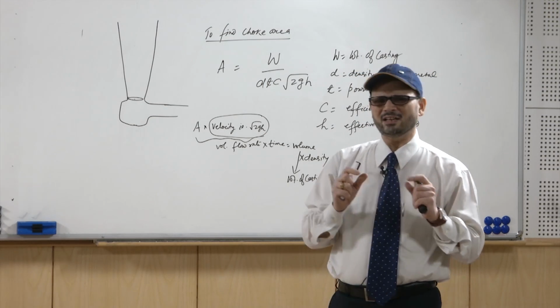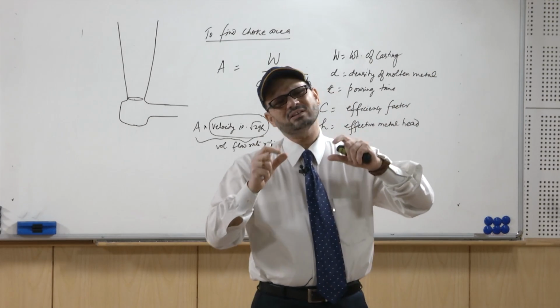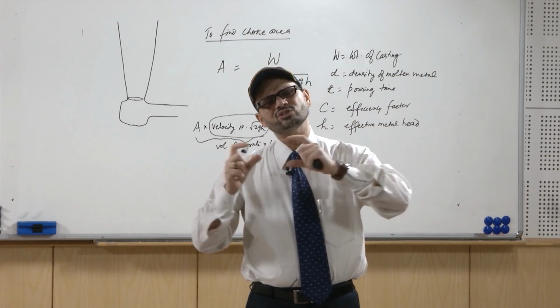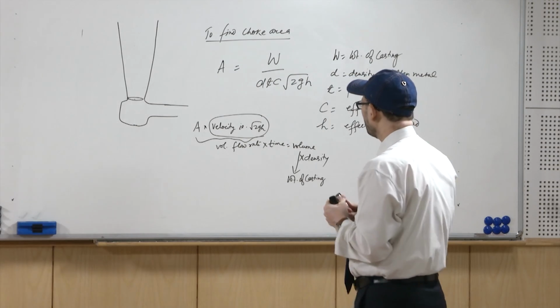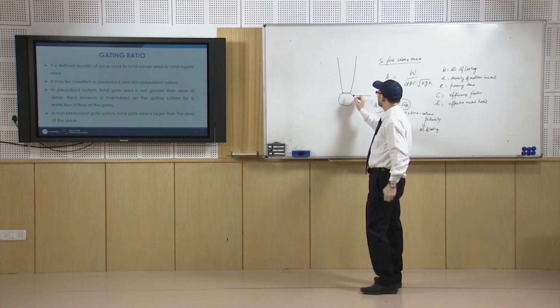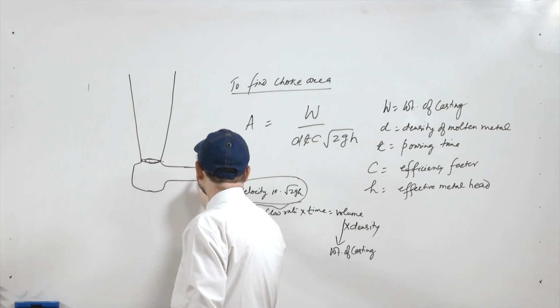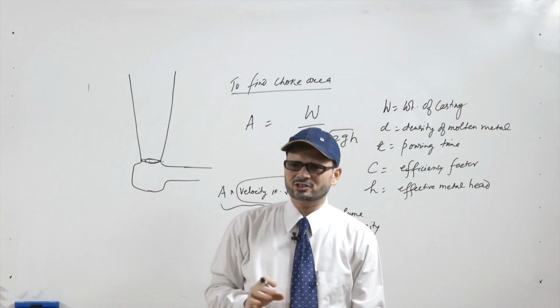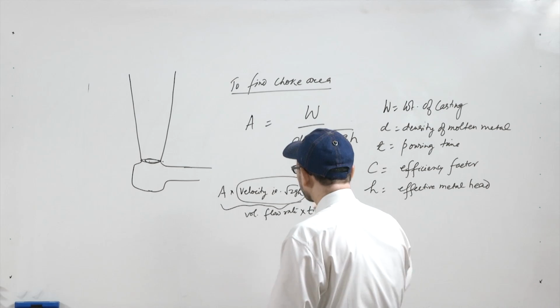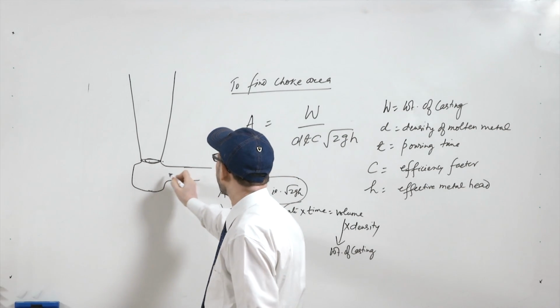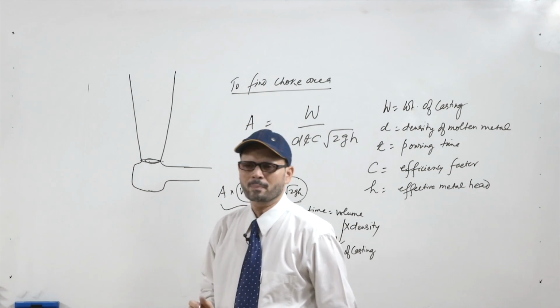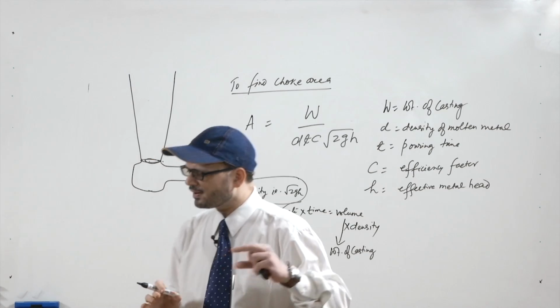So, basically you need to ensure how your metal goes into the cavity. Now, if your area is minimum here and further the area is increased, you can expect a quiet movement of the liquid metal further downstream.